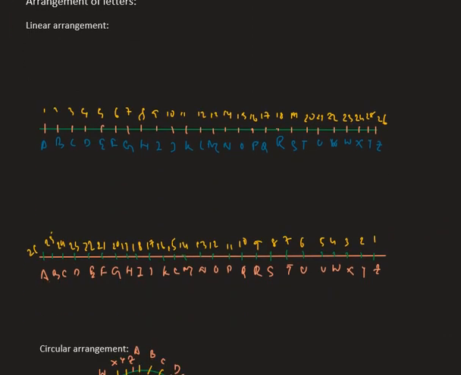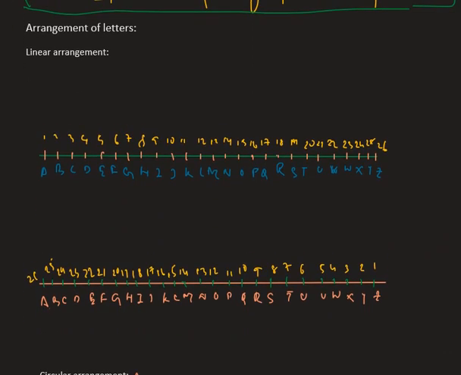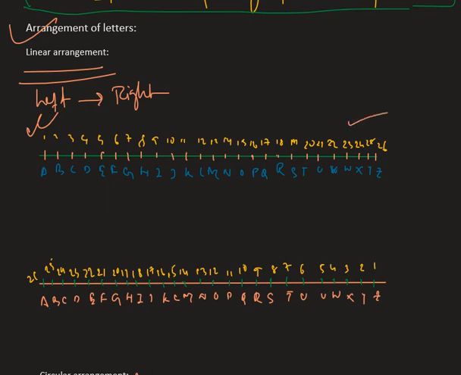Now move forward to the arrangement of letters. First we start with the linear arrangement, that is, straight line arrangement. If we arrange the letters from left to right, we find this arrangement, that is A to Z and corresponding numbers from 1 to 26.